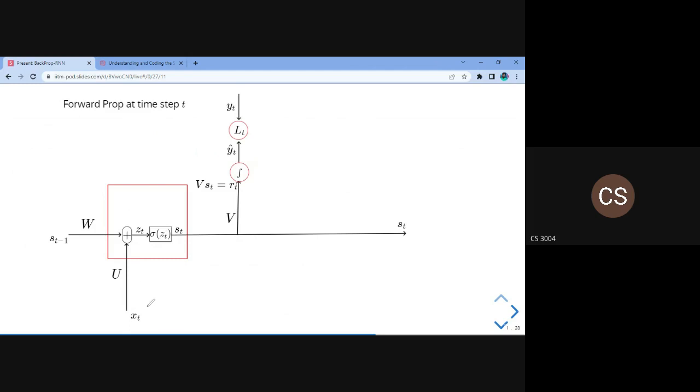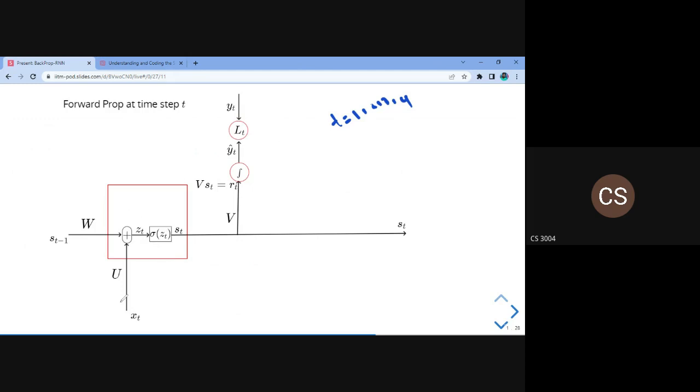Fortunately, I got this. Okay, so here xt, t could vary from I am going home. So there are 4 words, so t could vary from 1, 2, 3, 4. I will have 4 time steps.